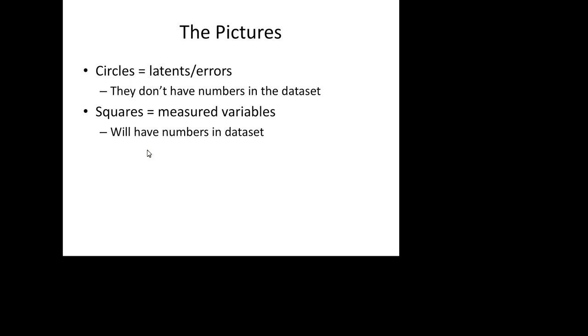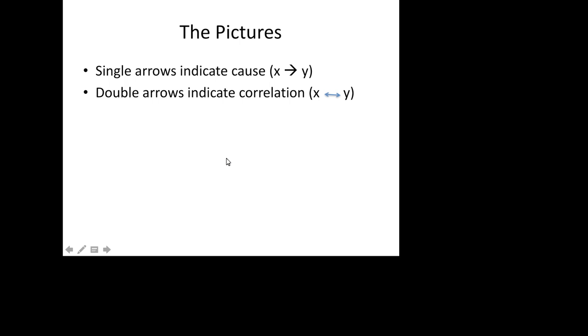When we're looking at a picture of this, remember that circles, which are either latent variables or errors, are not in the data set. And then we have squares, which are measured or observed variables, and those are numbers in the data set. Anytime you see a single-headed arrow, so X predicting Y, that indicates the causal direction, and that could be squares or circles.